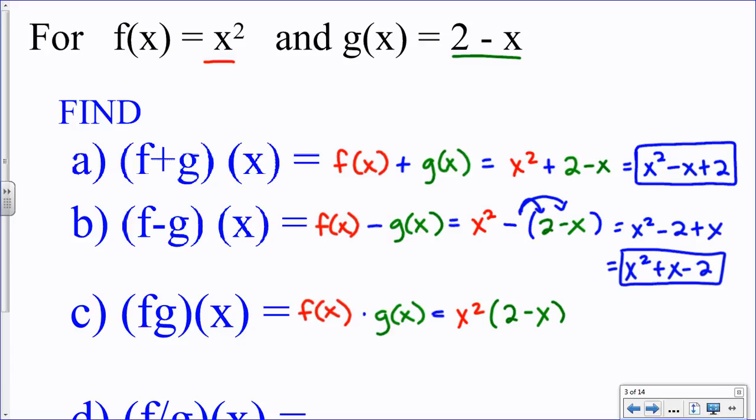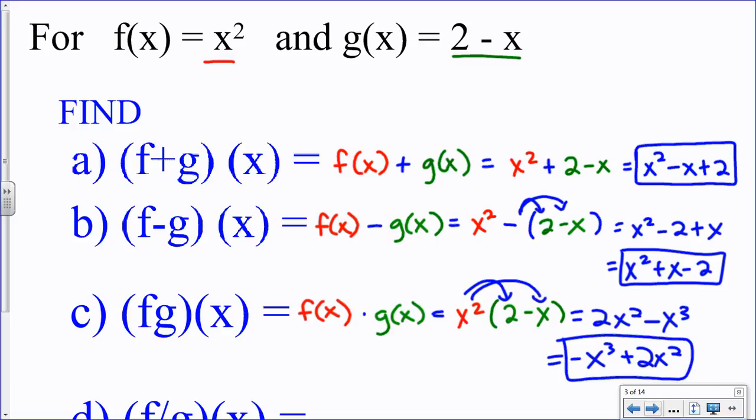Distribute. So 2x squared minus x cubed. So negative x cubed plus 2x squared. Yeah, so you should write it in the correct order.